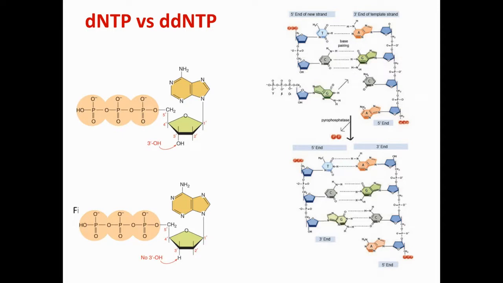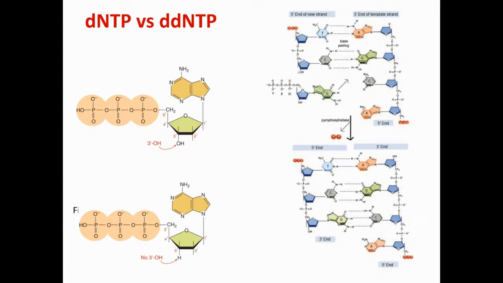Remember these incoming nucleotides? When they come, the oxygen here, the hydroxy group, will perform the SN2 reaction, attack this alpha phosphate, and remove this pyrophosphate, and then link this phosphate to this oxygen, okay?